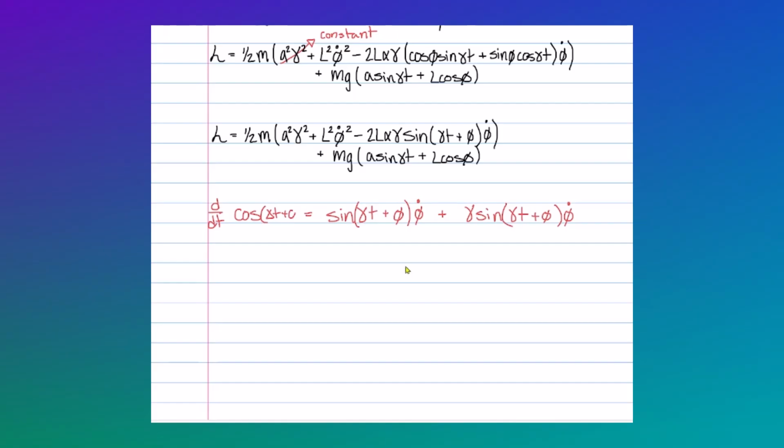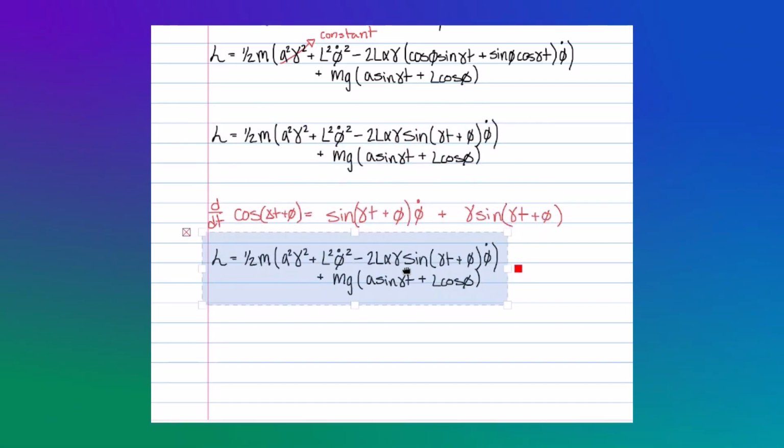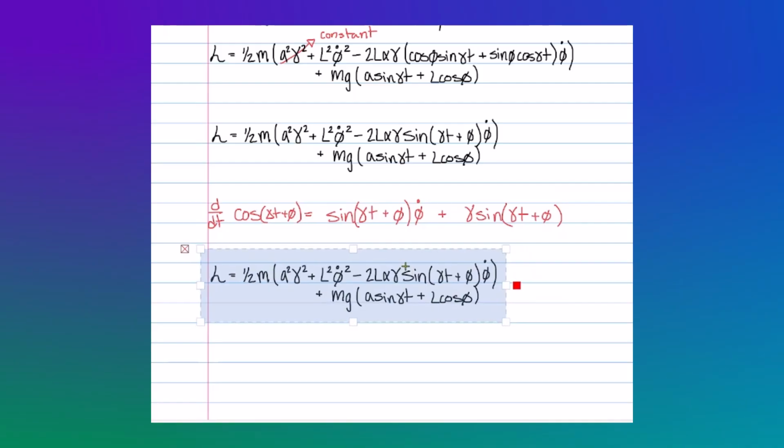So if we take the derivative of cosine of gamma t plus phi with respect to time, that splits into these two terms using the product rule. And we see that one of those terms is present in our Lagrangian, which means that it can actually be swapped out for the other term in that product.